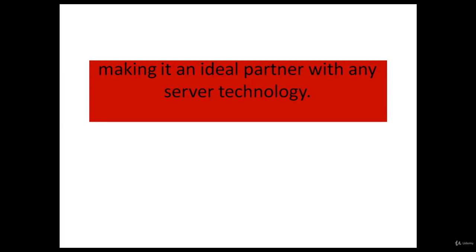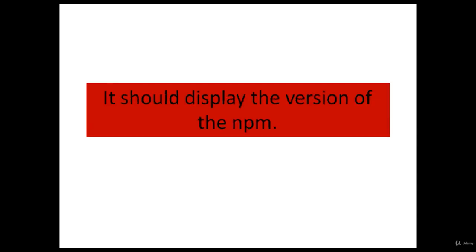Based on your OS, install the required package. Once Node.js is installed, npm will also get installed along with it. To check if npm is installed or not, type npm -v in the terminal. It should display the version of npm.